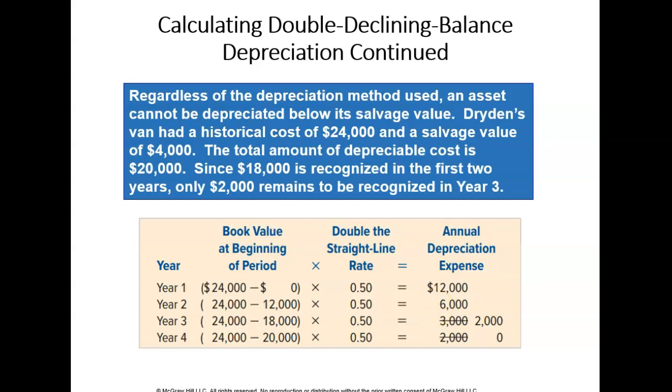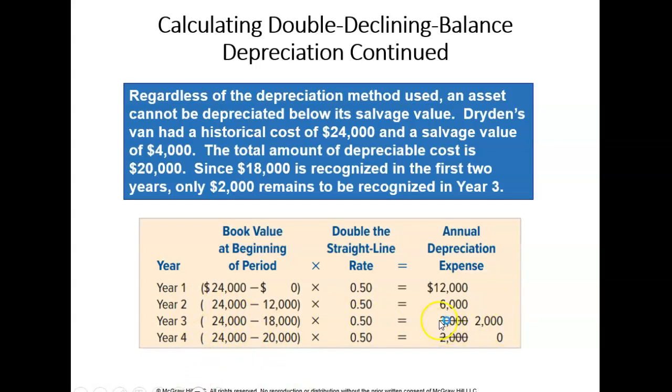Remember, this asset has a depreciable cost of $20,000. The depreciable cost is the original cost of $24,000 minus the salvage value of $4,000. You cannot go beyond the depreciable cost of the asset. So in year three, if I use the formula, you would take 24,000 minus 18,000, which is 6,000 times 50%, and that would give you 3,000 as the expense.